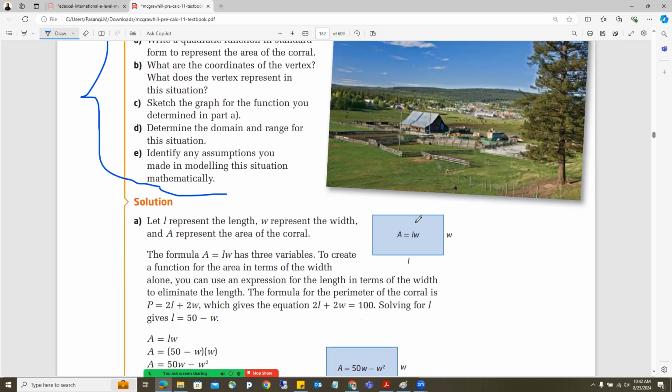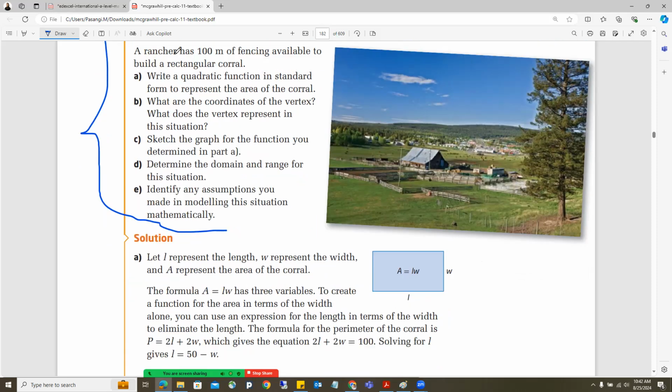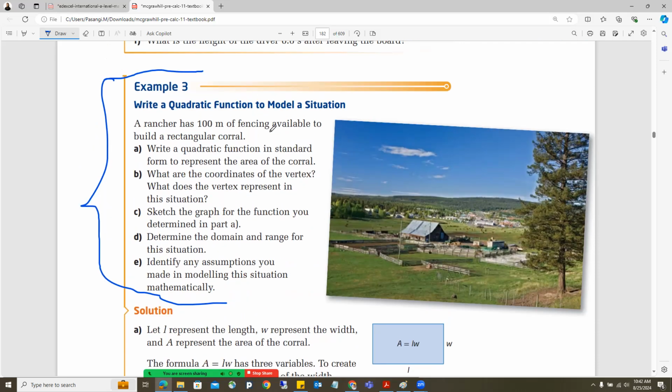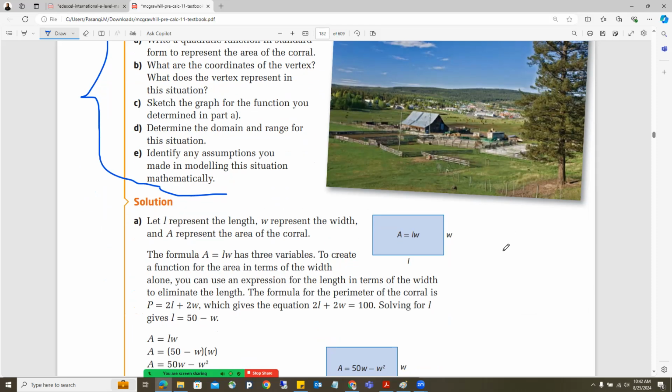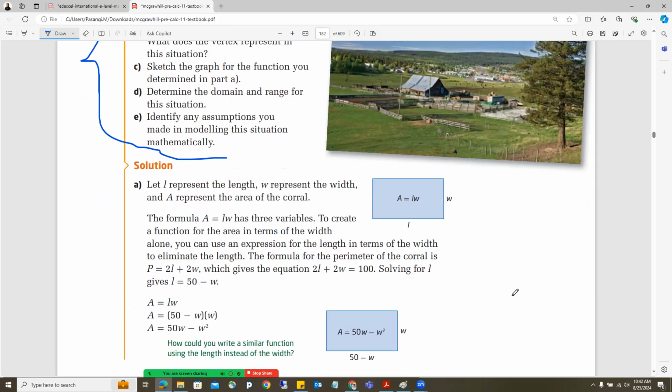So they have given that the fencing available has 100 meters. What does 100 meters of fencing mean? It is the circumference of the entire rectangle, because we are fencing the perimeter. So 2L plus 2W is equal to 100.